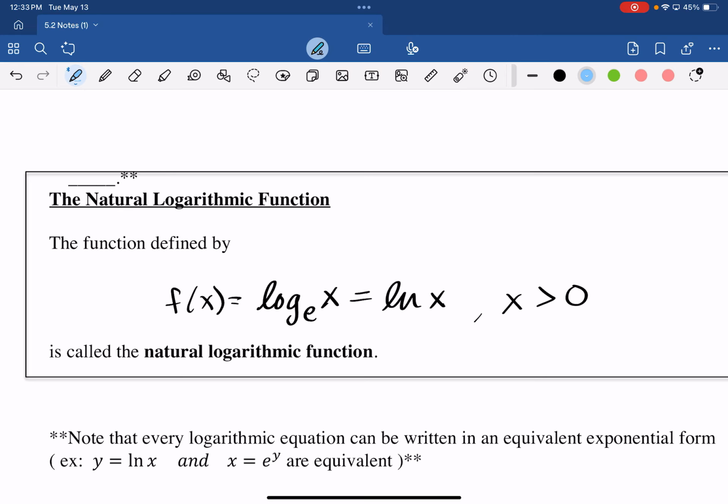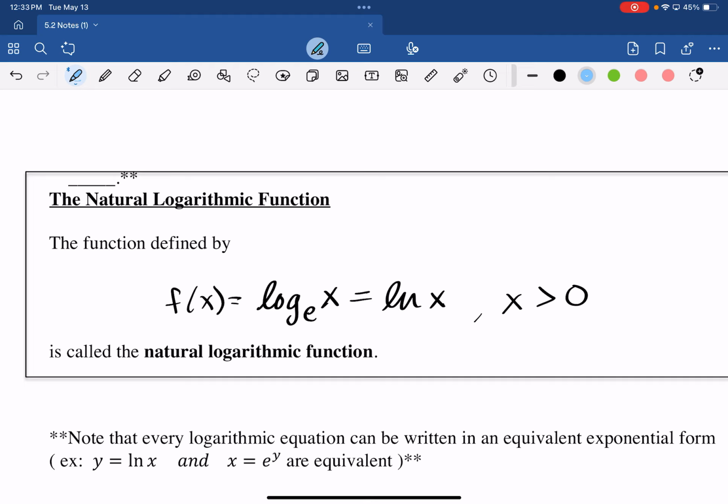Here's what I already told you. Log base e of x is just equal to ln of x. That's just the formal definition, where x is greater than 0. On our graph, what did we see happening at x equals 0? It dropped, and what did we have going through that x equals 0?